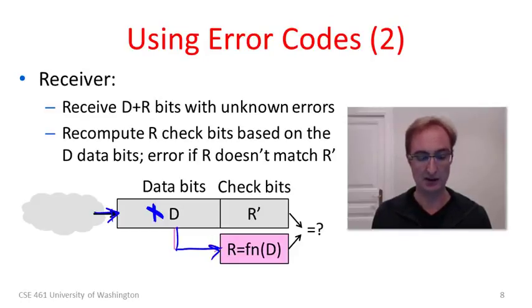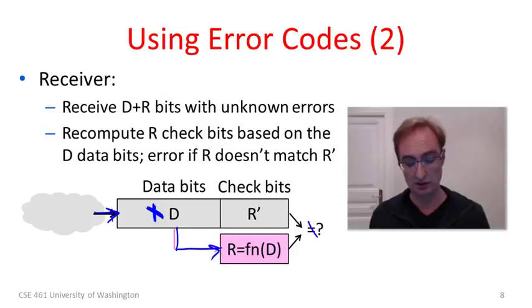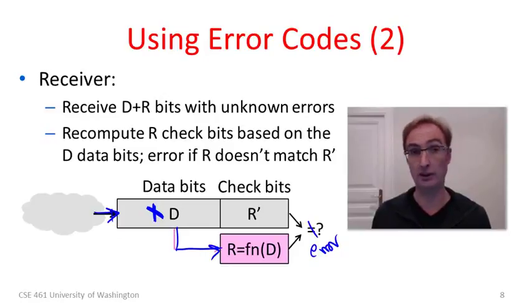R there is a function of the D data bits, and it will see if they match the R dash bits that it received. They should match. If they were both computed from the same data, they should match if everything's okay. If they don't match, then it's an error. In the case where I put an X here, we will get an error because our R should be, hopefully, if we've got a good code, different from our R dash.